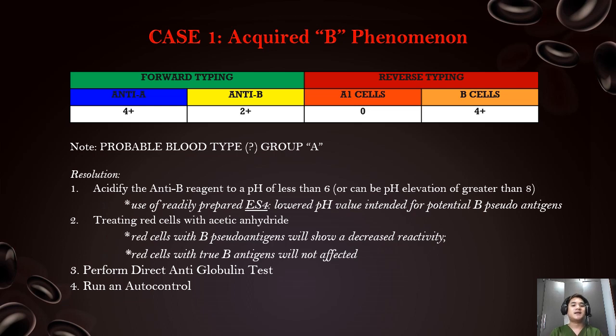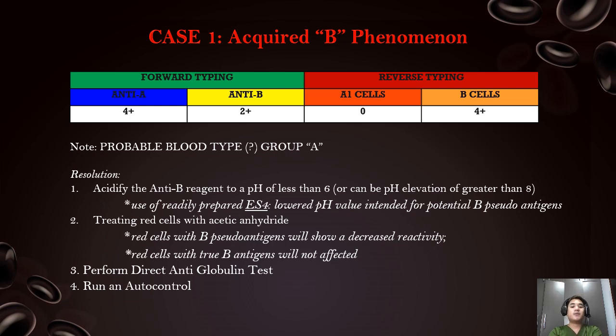And why exactly? It is because a true acquired B antigen will not agglutinate at these mentioned pH values. Blood banks are already utilizing ES4, which is a readily prepared monoclonal antibody clone that agglutinates potential red cells with high concentrations of acquired B antigens.